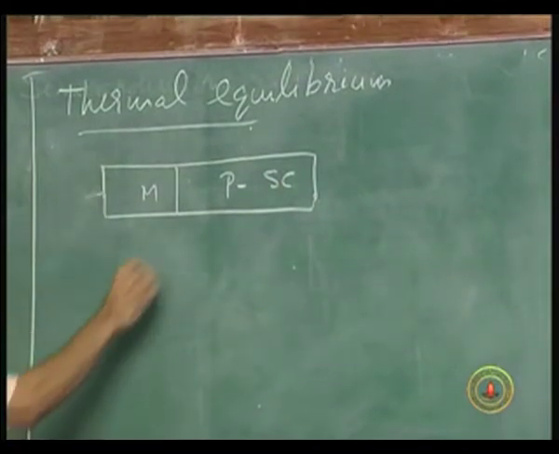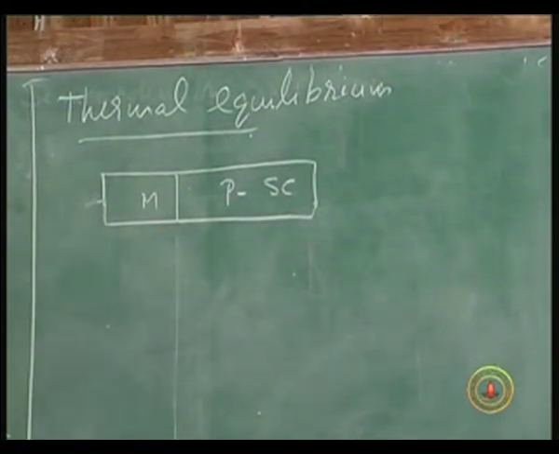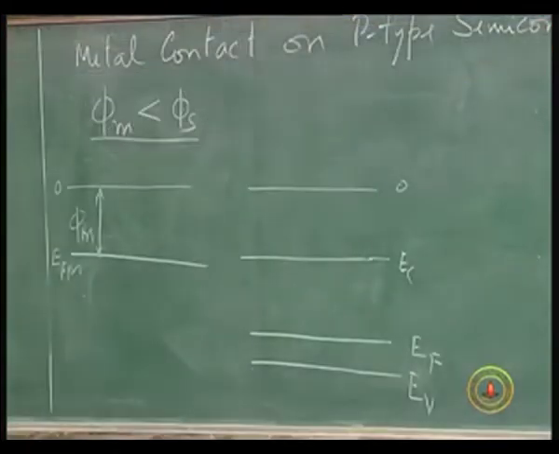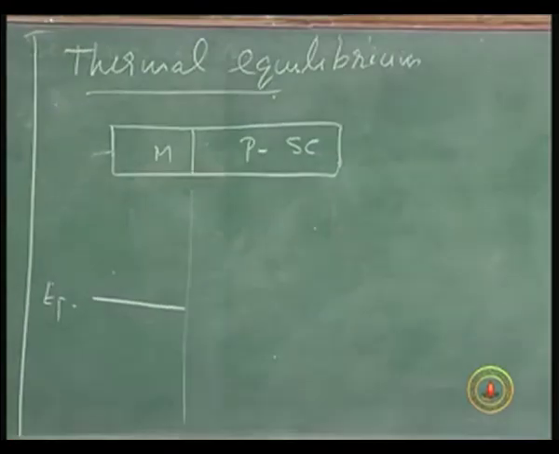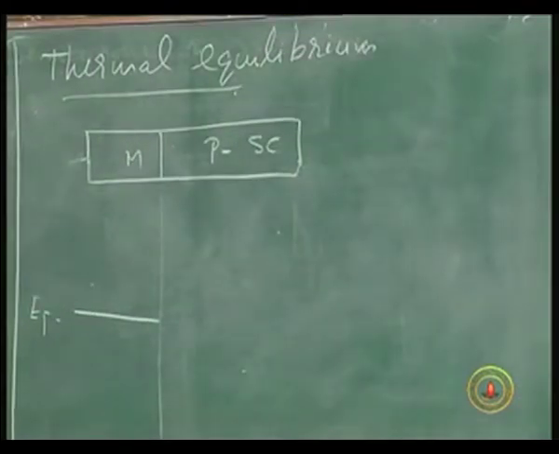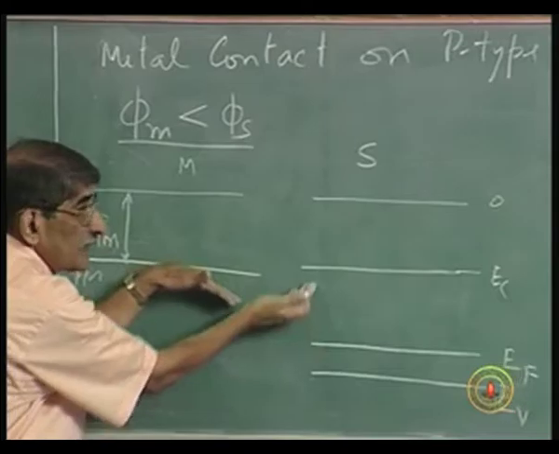Okay. So, nothing is going to happen here, because no potential changes will take place in the metal. So, I will retain that right there. Since the Fermi level is below, the electrons which have higher energy here can cross over to that till they are equalized.